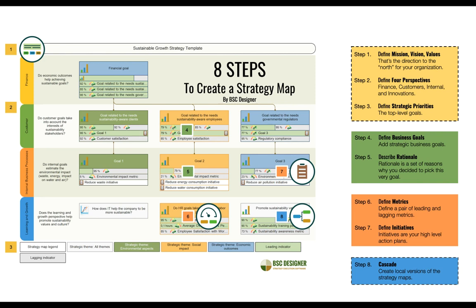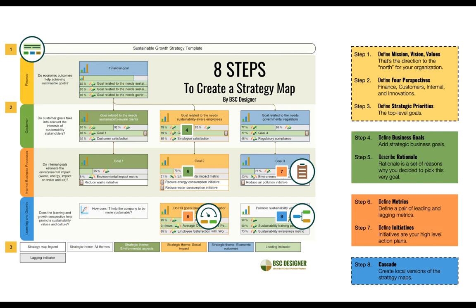If we do this, the people from, let's say, customer support will have a localized version of the strategy map that resonates with their challenges, and it will be easier for them to define a relevant response plan and to execute strategies that will eventually lead to the execution of the top-level strategy. So that's the idea. Don't forget to cascade your strategy map.